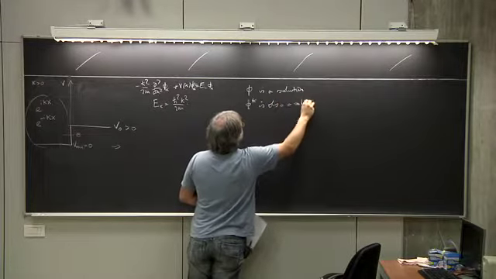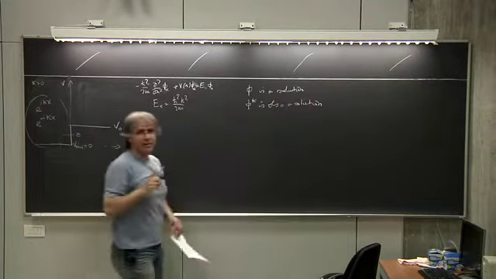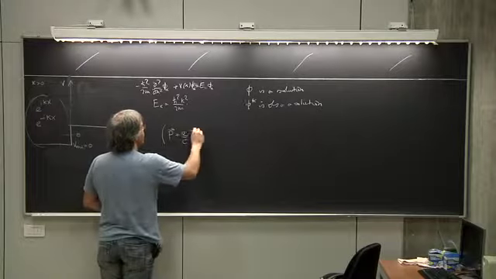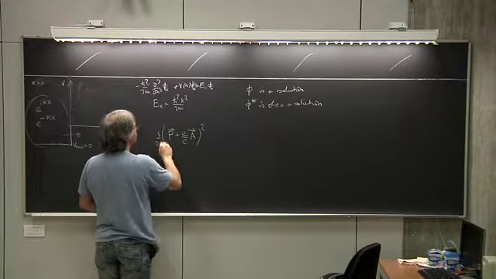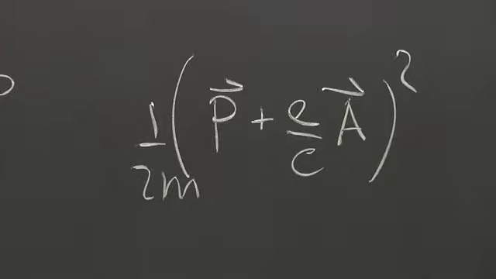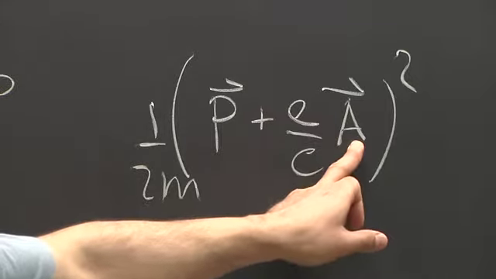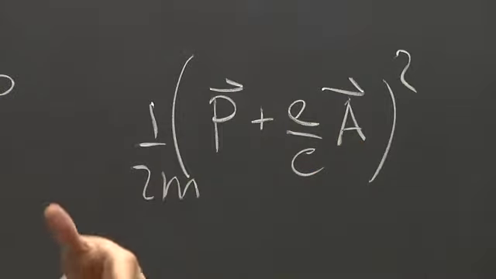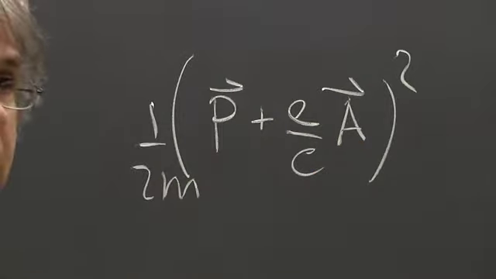The same thing would not be true if you have a magnetic field. If you have a magnetic field, then you know that there is a term p plus e over c A, squared, in the Hamiltonian. Have you seen this before? Classically, this is exactly how the magnetic field appears in the kinetic energy through the vector potential, and this is at the origin of the Lorentz force in the classical equations, okay?